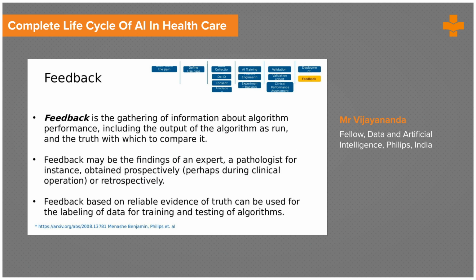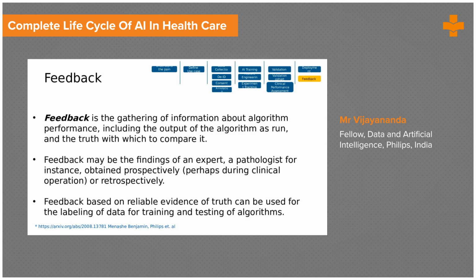Then the last one is about the deployment, where there are two main aspects: one is the feedback, and the second one is monitoring. In the feedback, we focus on gathering information about the performance of the AI algorithm.